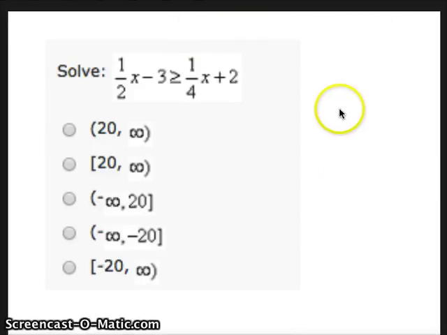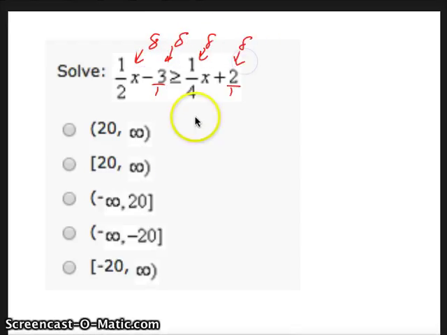Solve. It's a basic inequality. Now, we want to know what the common denominator is for everybody. That would be 8, so you're going to multiply everybody by 8.